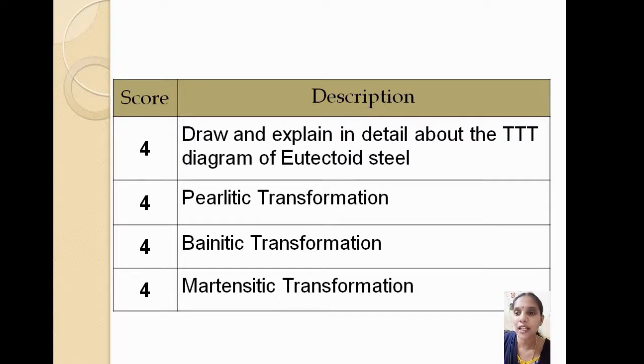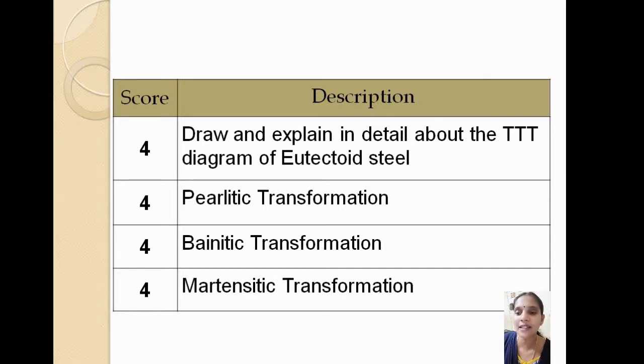For drawing and explaining the TTT diagram of eutectoid steel in detail with a neat sketch, you may be awarded 4 marks. Explaining the pearlitic transformation, that is annealing and normalizing with the formation of coarse pearlite and fine pearlite respectively, with neat diagrams and illustrations in the TTT diagram, will fetch you another 4 marks.